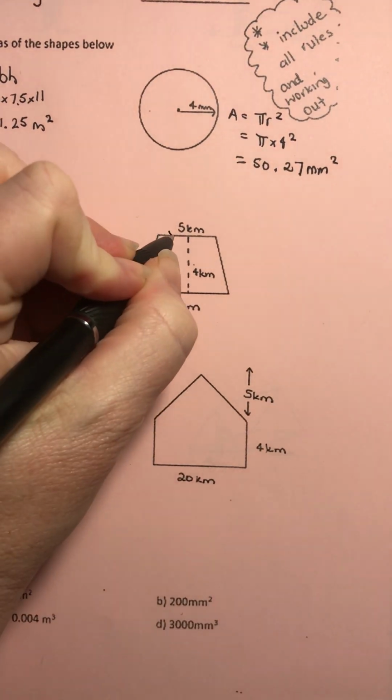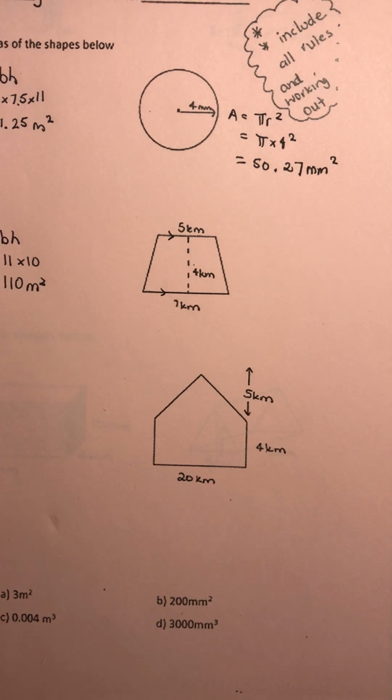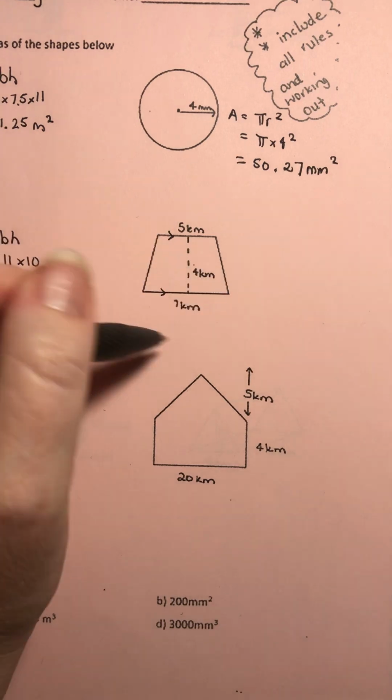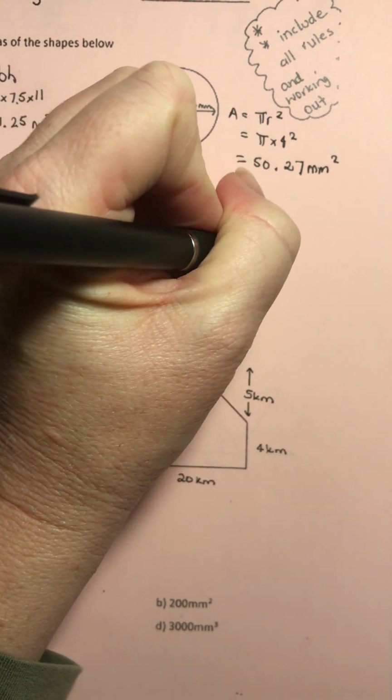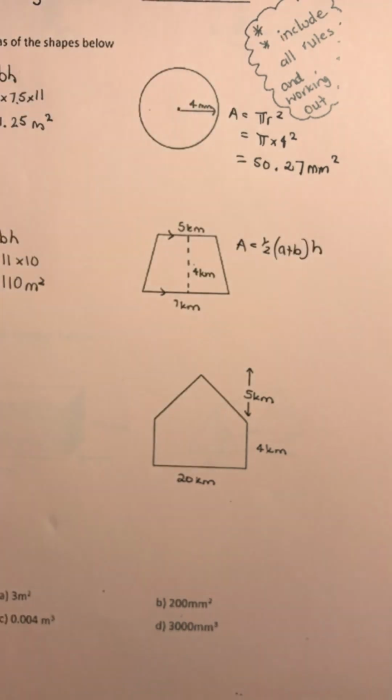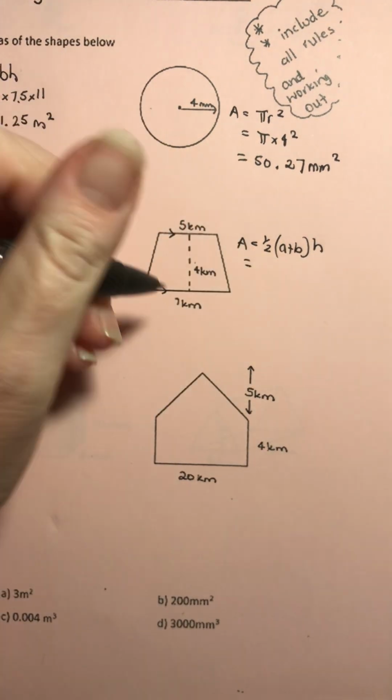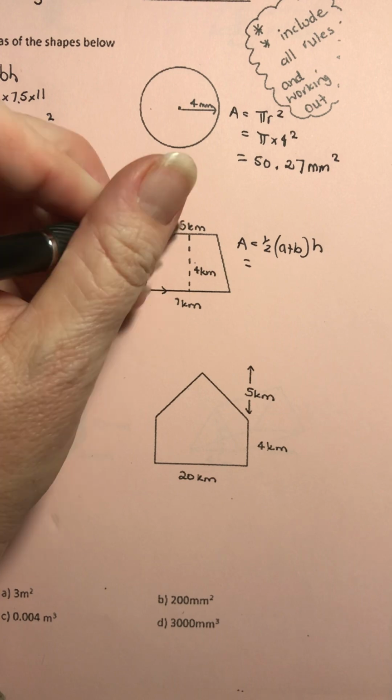Next to that, we have a trapezium. It could also do with the indications on there that they're parallel lines, but as I said, we know what this shape is, so my students knew to recognise that as a trapezium. So we've got area is a half of a plus b times height for a trapezium. Our a and our b are the 7 and the 5 here, they're the parallel lines.